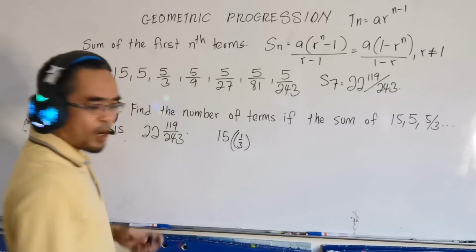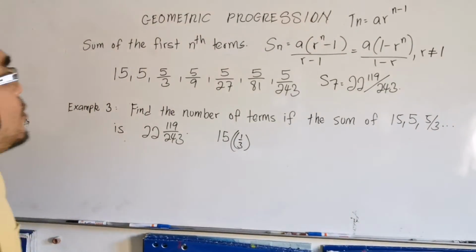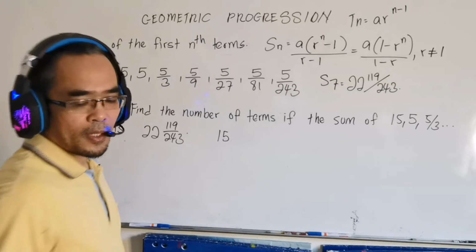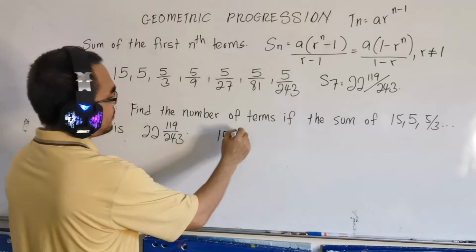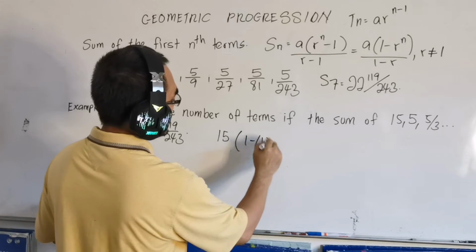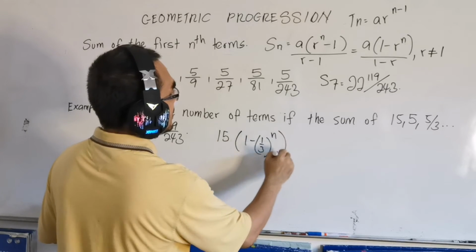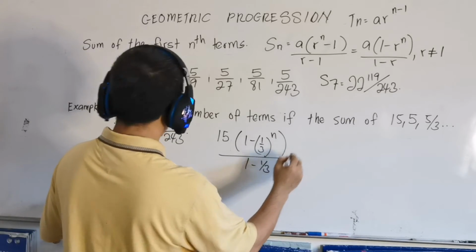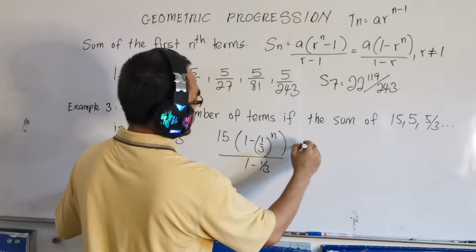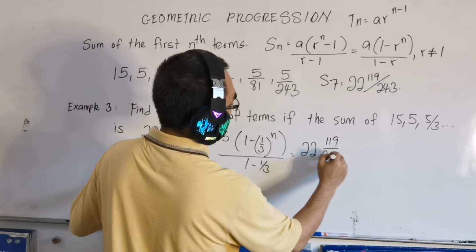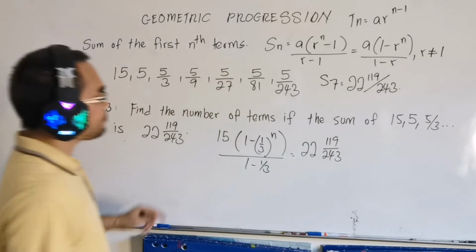If we know R is 1 over 3, we should use the second formula: 15 times 1 minus 1 over 3 to the power of n over 1 minus 1 over 3 equals 2219 over 243.